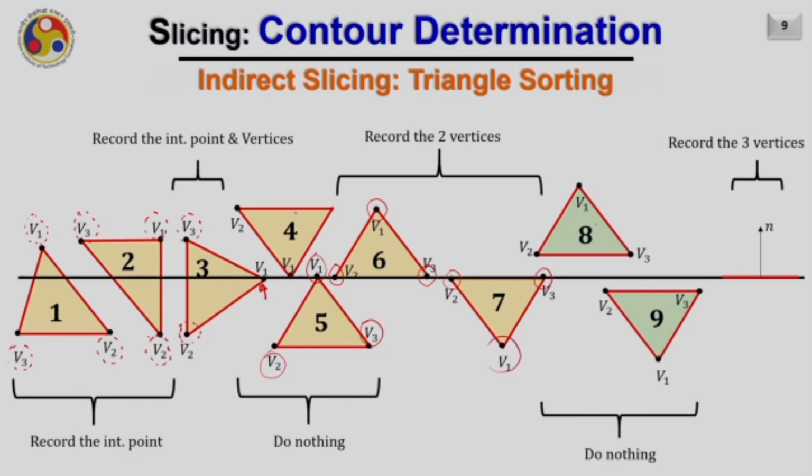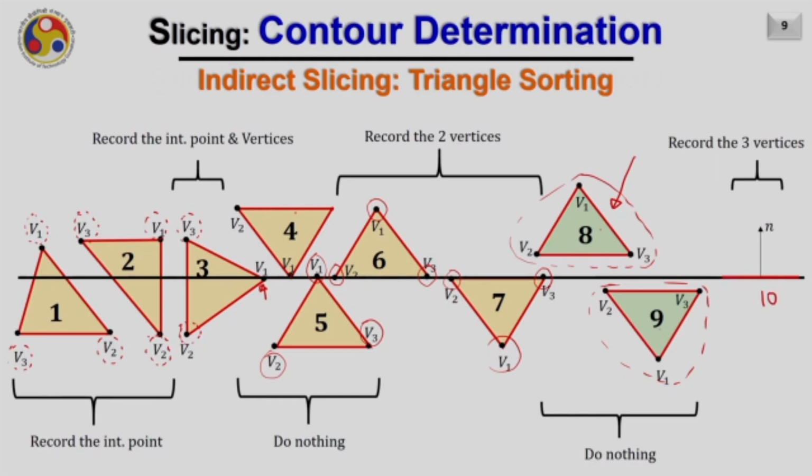Then the eighth case could be that all three vertices are above the slicing plane, or the ninth case where all three vertices are below the slicing plane. Please note that in these cases the triangles are not participating in the slicing operation because these triangles are not of our interest. The 10th case could be all three vertices are in the slicing plane.